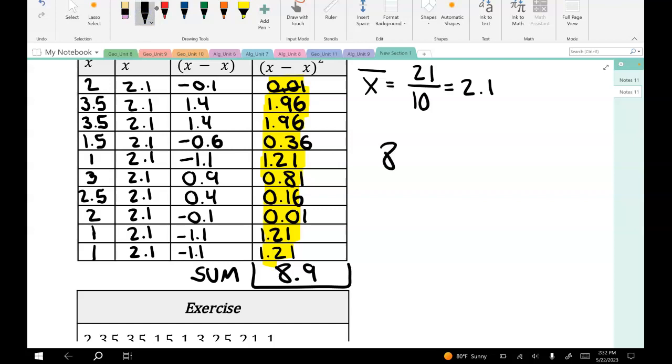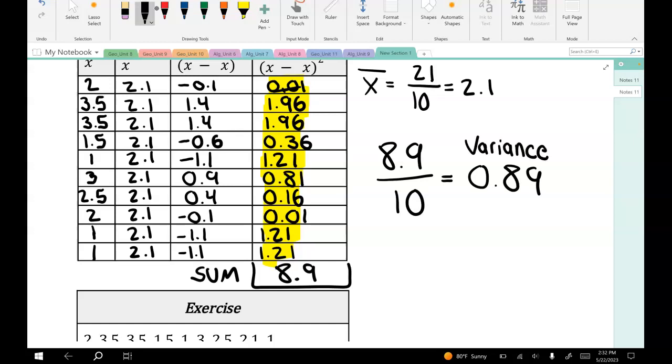Keep getting columns and rows mixed up. 8.9 divided by 10. So this is just like moving the decimal place over. So it's 0.89. We call this number our variance. We divide by 10, just like why we divided by 10 to start, because there's 10 data values.